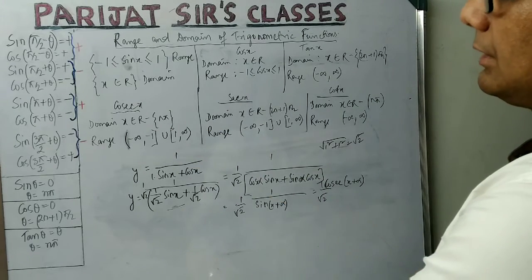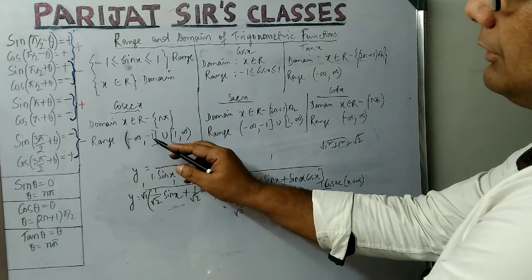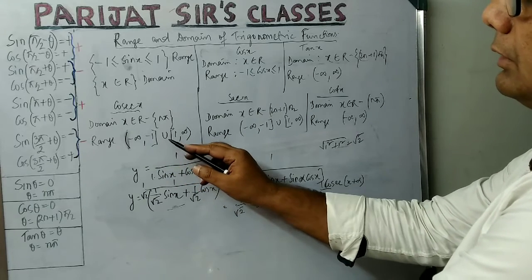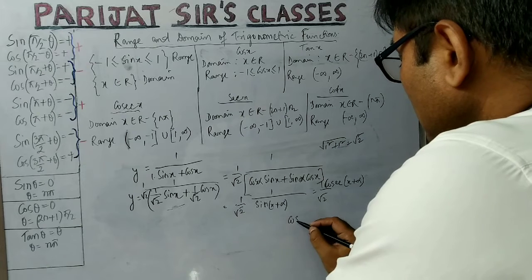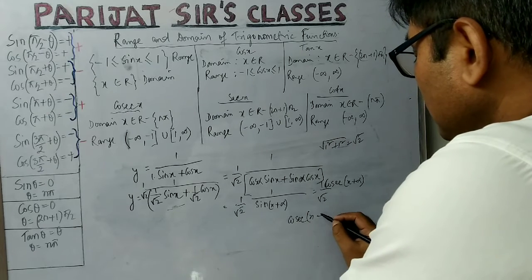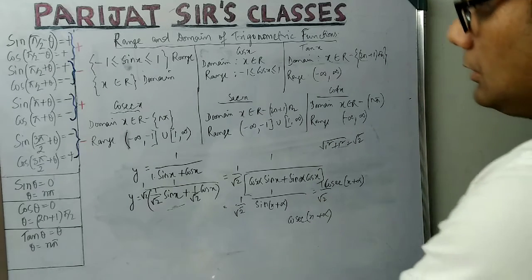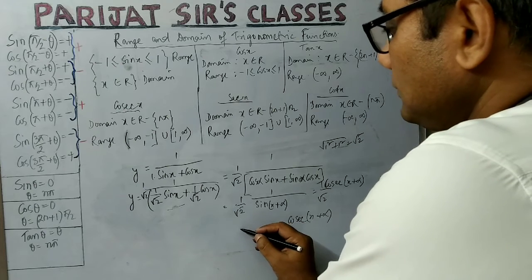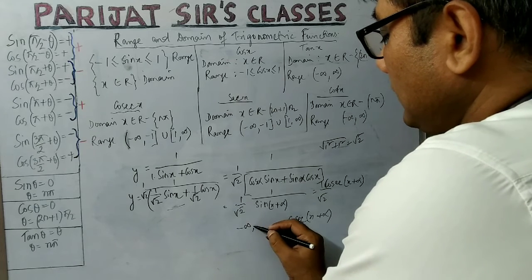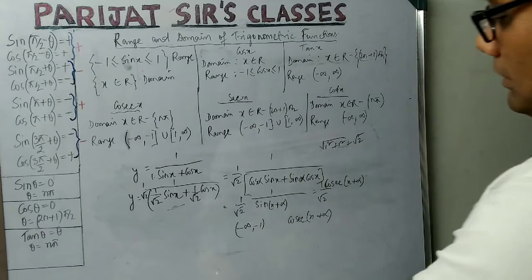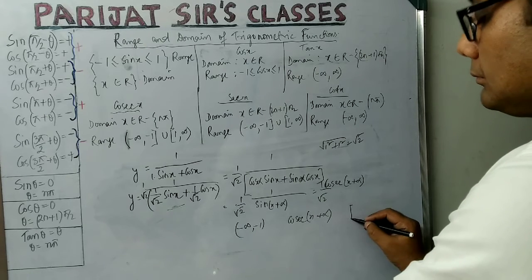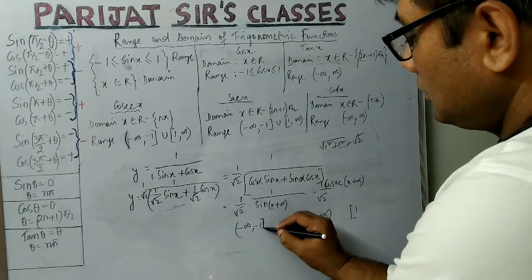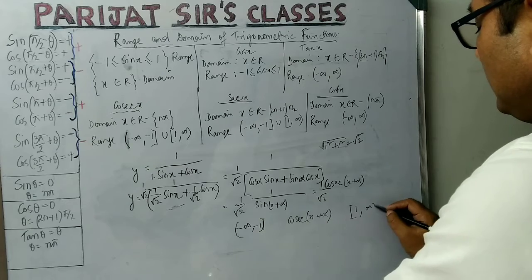And we know the range of the cosec, which is minus infinity to minus 1 union 1 to infinity. So I will write cosec(x plus alpha) should be minus infinity to minus 1 and 1 to infinity.